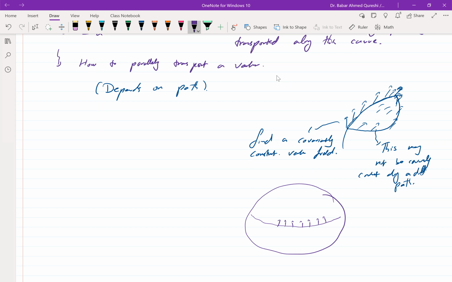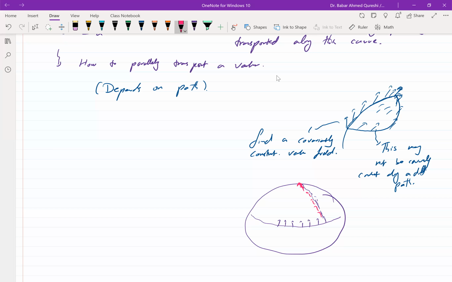So you will just slide over here. But if I take this path, which field would be covariantly constant along this path? It would be this one, which goes like this. Because if you again imagine you're keeping this vector parallel in the 3D, and then you keep projecting onto the sphere, you end up with a vector pointing in this direction.